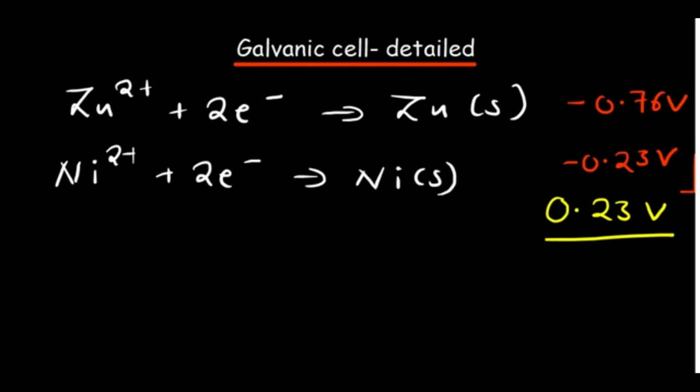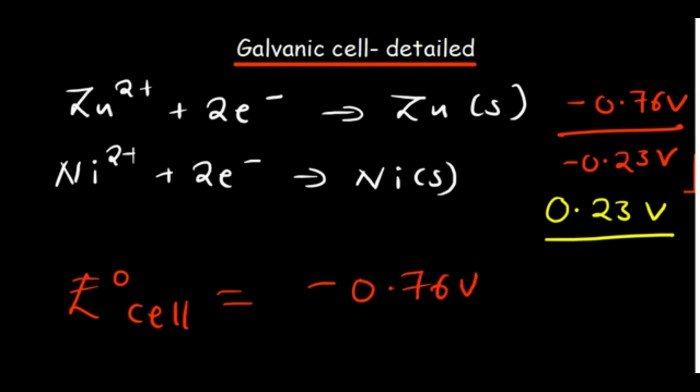Is it going to work in such a case? We calculate the standard cell potential by basically adding the reduction potential and the oxidation potential. So I'll get my negative 0.76 and then I'll add the 0.23.